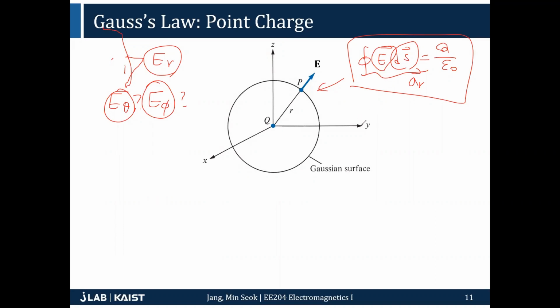Gauss theorem still holds. So you need an additional argument to rule out the theta or phi component. So what's your argument? Let's say you have an E theta component, or let's say you have an E phi component. What's wrong?